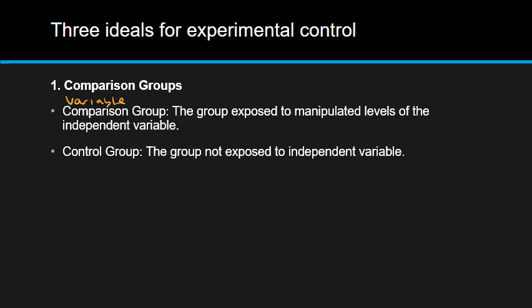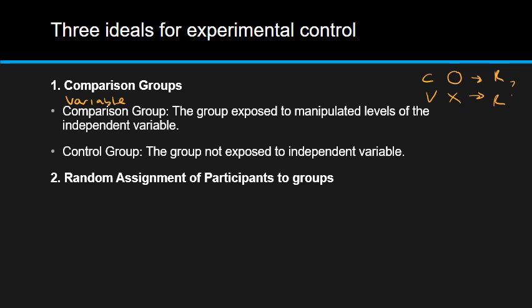We would compare the control and the variable group and say, okay, the control group doesn't get a public speaking class, but the variable group does. So what's the difference in results between the two groups? Ideally, an experiment will have two groups to compare.